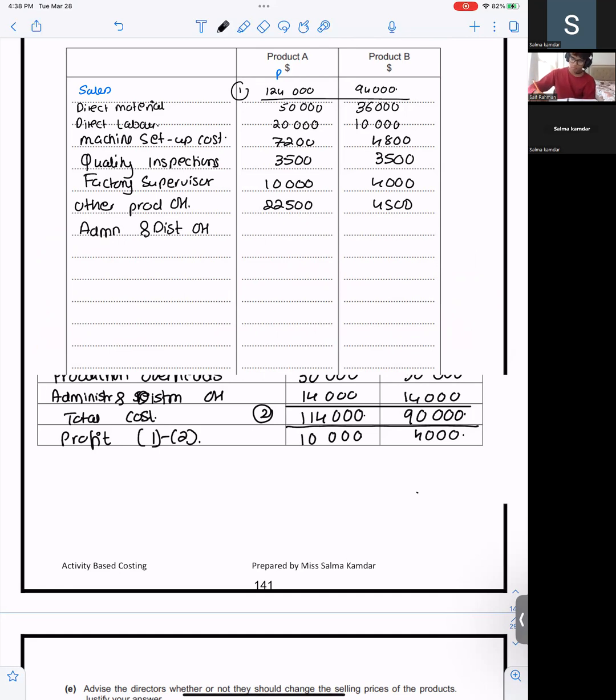Okay. Then administrative and distribution overheads also I will have to take. It will be the same as before. 14,000 and 14,000. Now I'll get my total cost.